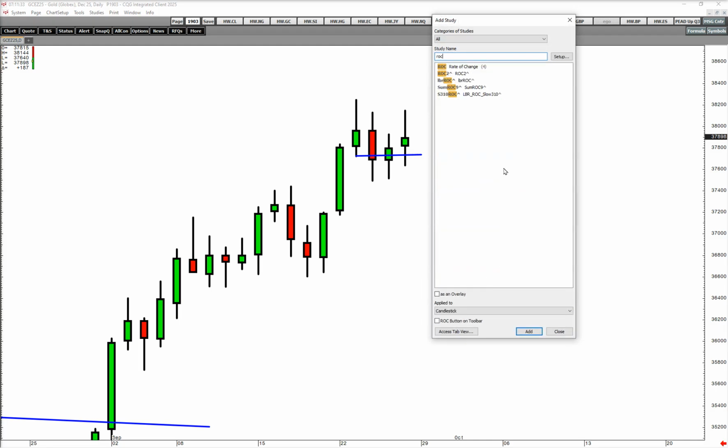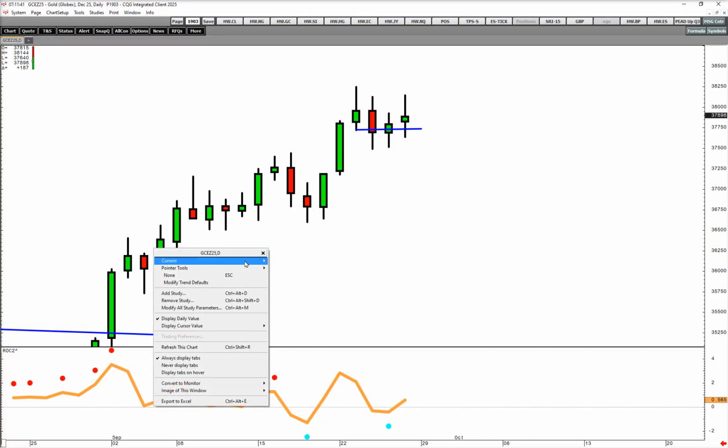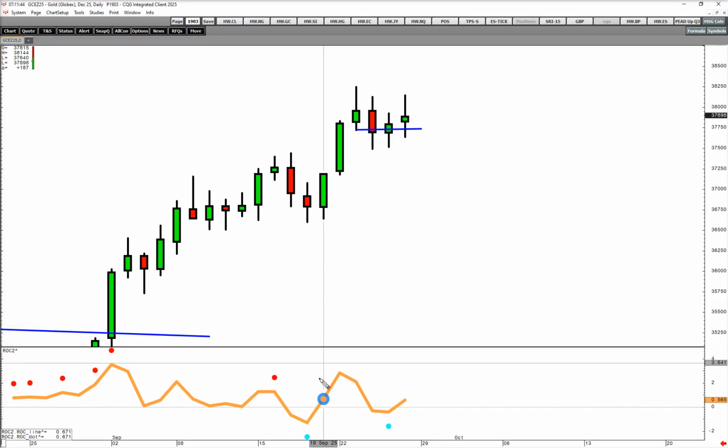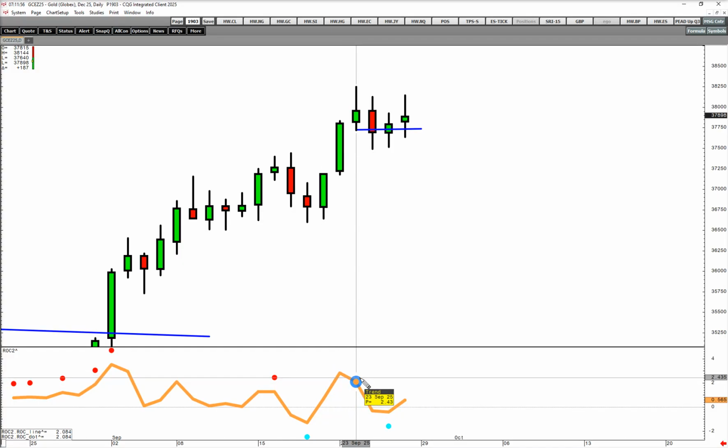Now, what puts the icing on the cake for this pattern was the 2-period rate of change pattern that accompanied it. So basically we had these two up days, and then this up day had what we call an ROC flip, where it flipped from up to down.